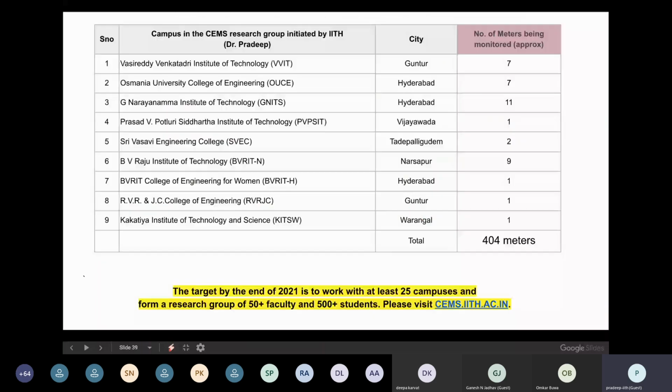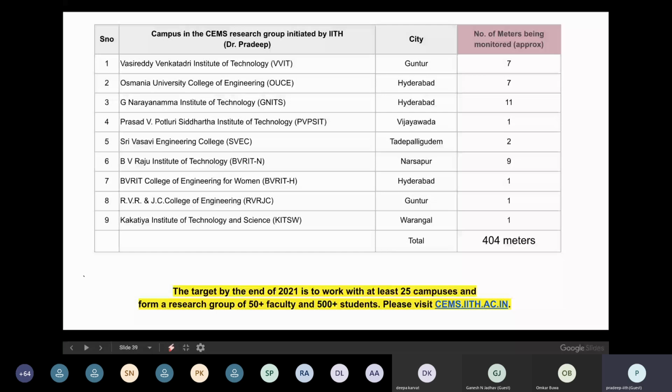So every time I make this kind of campus monitoring presentation to any campus, I also ask if that particular campus is interested in having this kind of project done. It is very easy. Since the last 1 year we have been doing this, a lot of the issues we have solved. And I want to go for more than 25 campuses in the next 1 year. Right now we are at about 10 campuses.